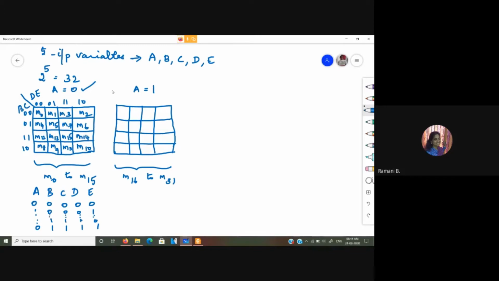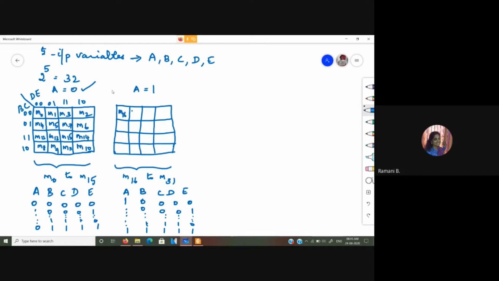Now coming to the second map. In the second map, we have A is equal to 1. And in the same way, this BCDE value changes from 0000 to 1111. So for the second map, 1 followed by 4 zeros corresponds to that of 16.